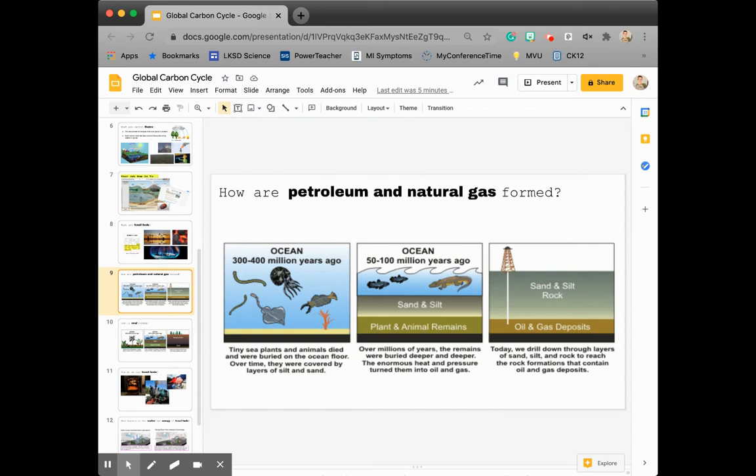They were covered by layers and layers and layers of sand and silt that compressed them with high amounts of heat and pressure, eventually transforming the organic molecules that were once in them into different organic molecules that helped to create ultimately petroleum and natural gas. So we can extract these now and use them for a variety of reasons. Normally for petroleum, you'll see oil rigs, especially out in the ocean, as one way of extracting them.